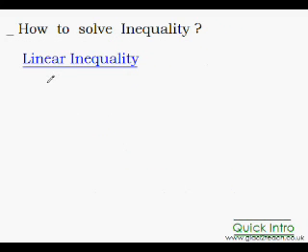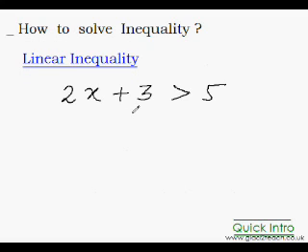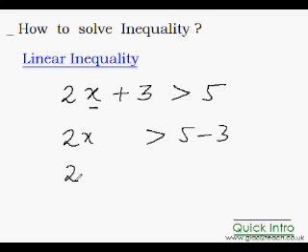So let's first find out how to solve a linear inequality. Just like you solve the equation, you take everything other than this x to the other side. So this plus 3, when it goes to the other side, will become minus 3. So 2x greater than 5 minus 3. So 2x would be greater than, what is 5 minus 3? 2.